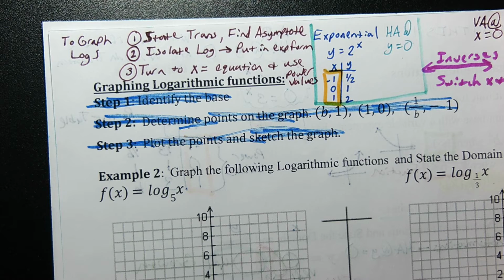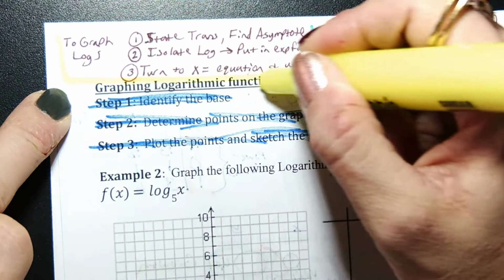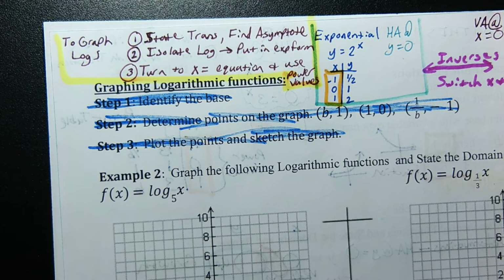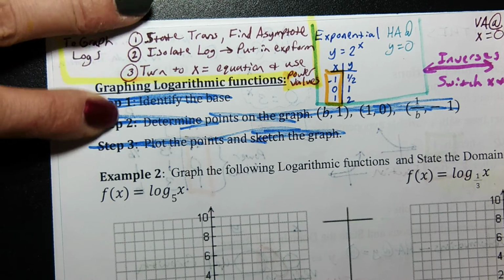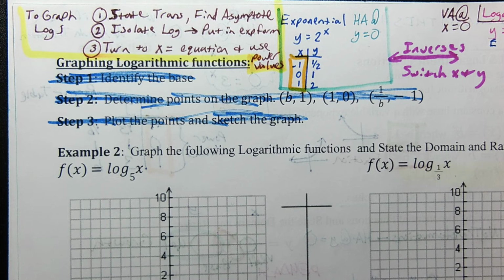In my opinion, graphing logs is one of the more challenging things we do in this chapter, graphing in general. So we're going to see these steps in action on the very first problem.